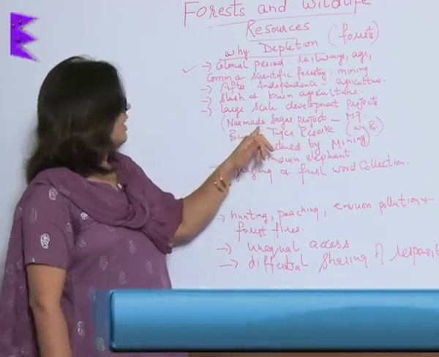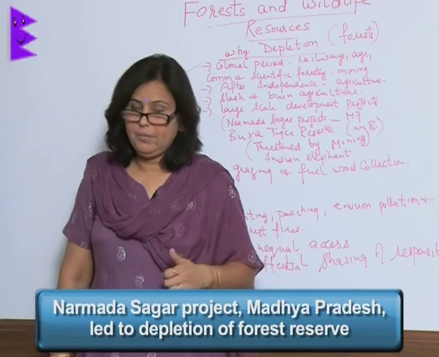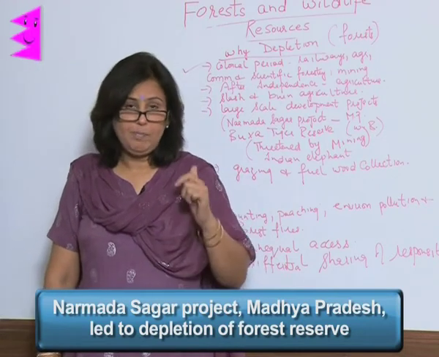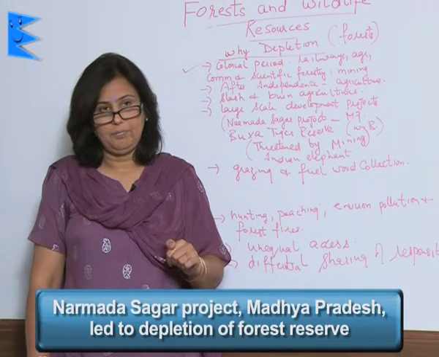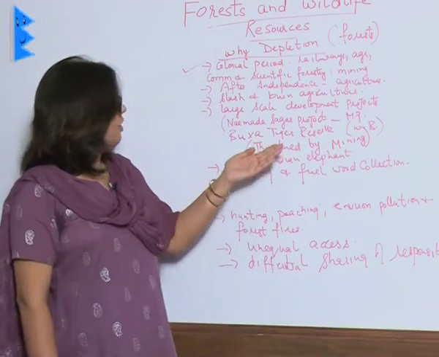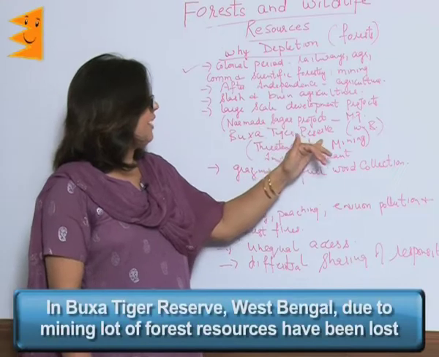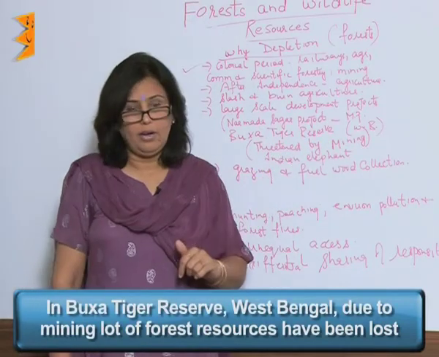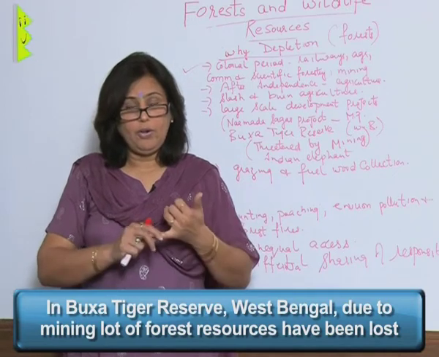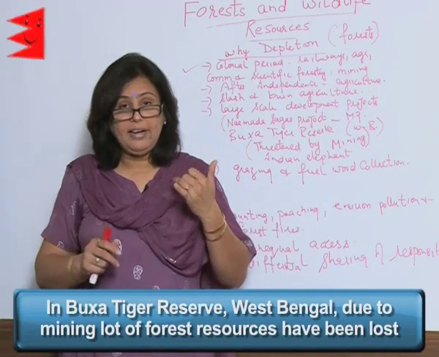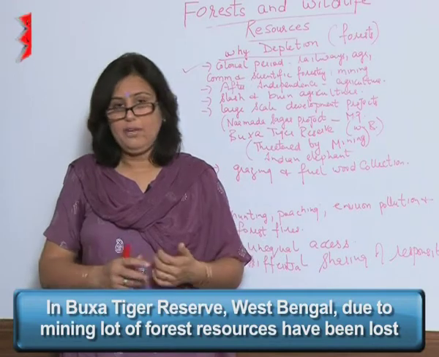If you talk of the Narmada Sagar project in Madhya Pradesh, it led to the depletion of a lot of forest reserve in India. And you see a lot of effect at the Buxa Tiger Reserve in West Bengal, that is because of mining, a lot of the wildlife resources have been lost.